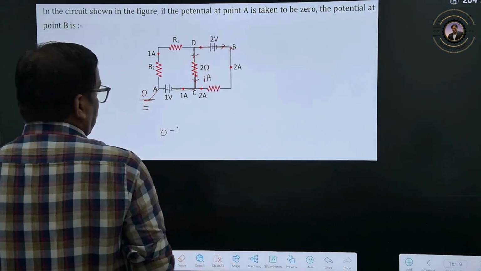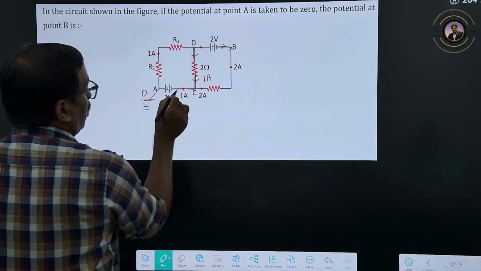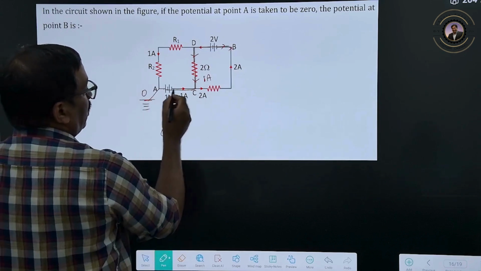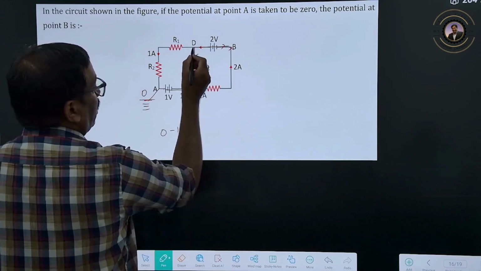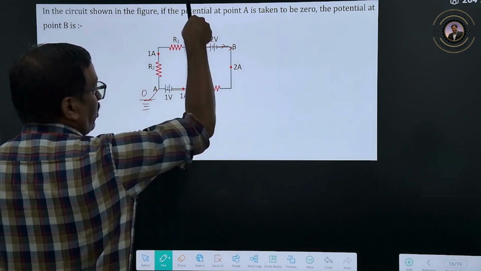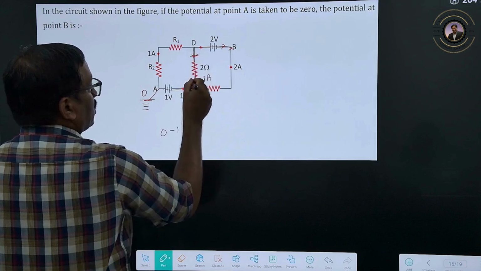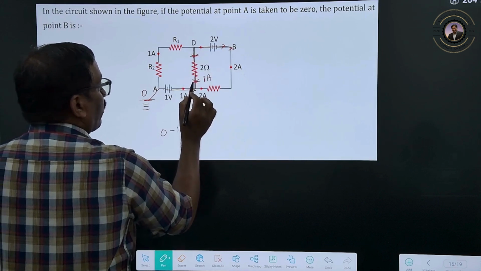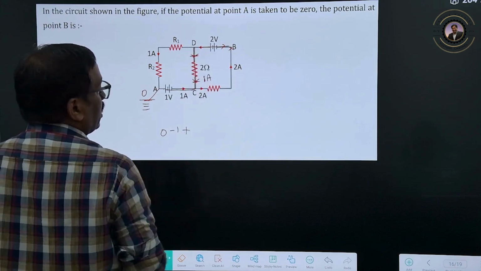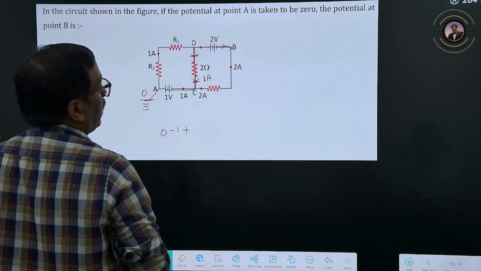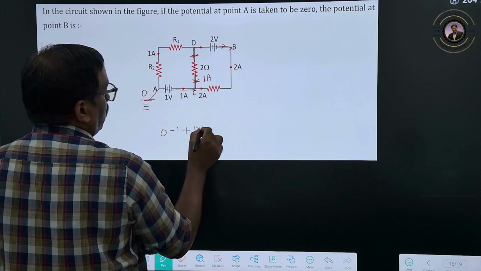Okay, right. Now we will go from here to here, higher to lower, therefore minus 1. Current is coming from here to here, which means this is higher potential and this is lower potential. But I am going from lower to higher, which means compulsorily plus. Plus here 1 into 2.